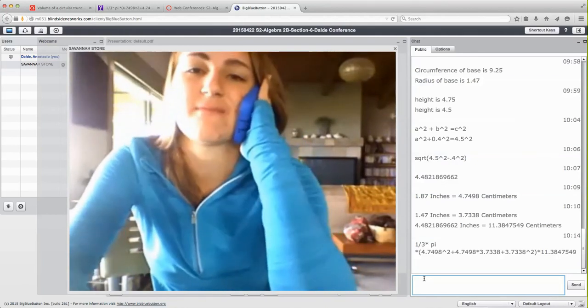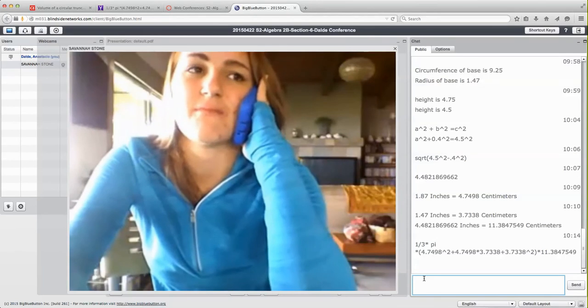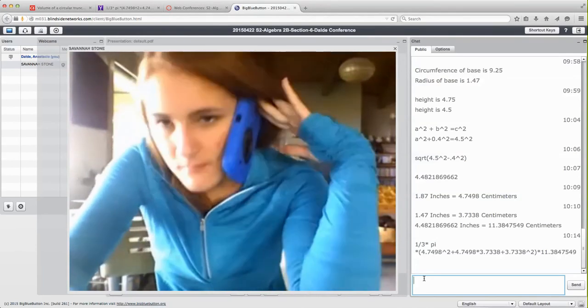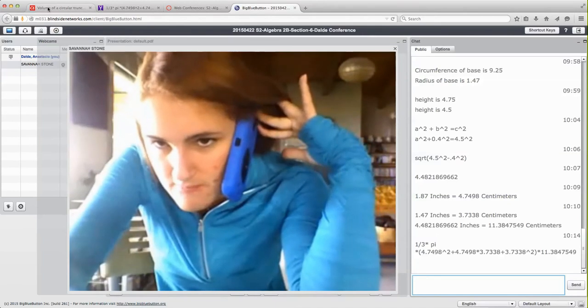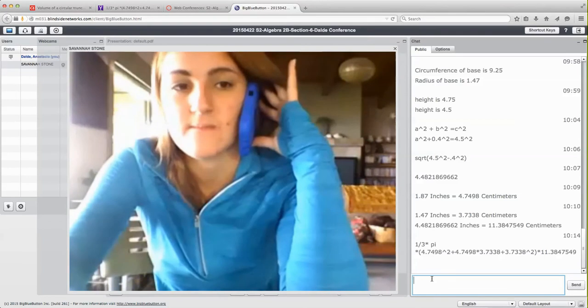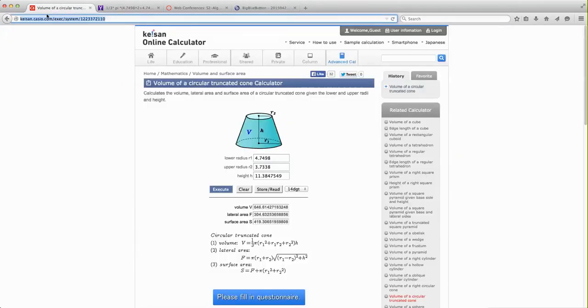Also keep in mind, and don't hate me for this, that original website I gave you, the Kaysen one? It's this one right here? Yep. If you look at that website, it asks you what the lower radius, the upper radius, and the height are, and it actually calculates it all out for you.